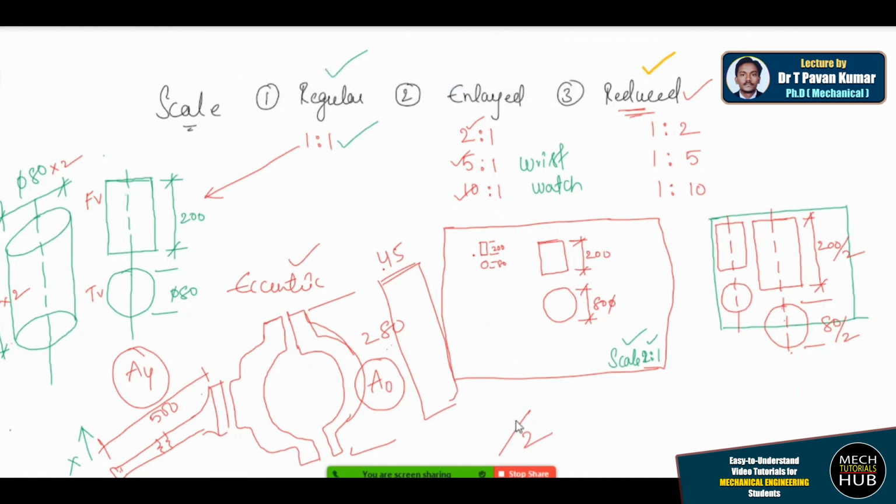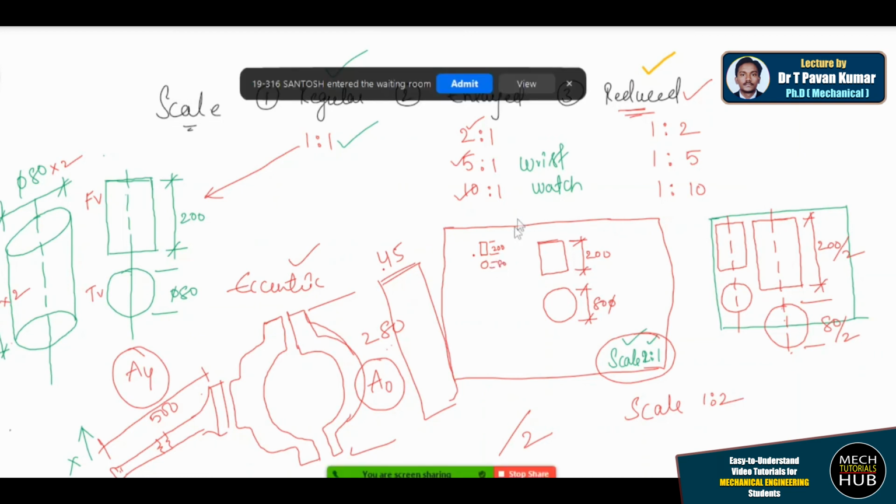You are not supposed to show the divided dimensions, you are supposed to show the given dimensions in the question. And lastly, you have to specify the scale. The scale I have taken as 1:2 ratio. Then the person who is actually working in the shop floor, or the person who is superior to you, will understand what exactly the concept you have implemented.